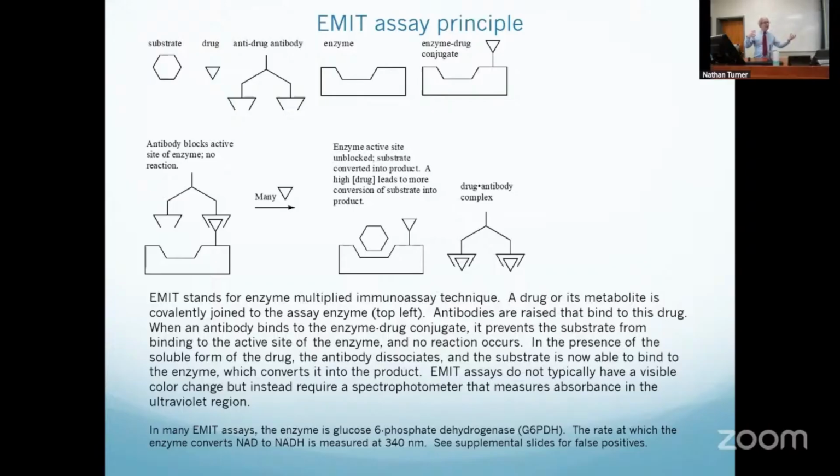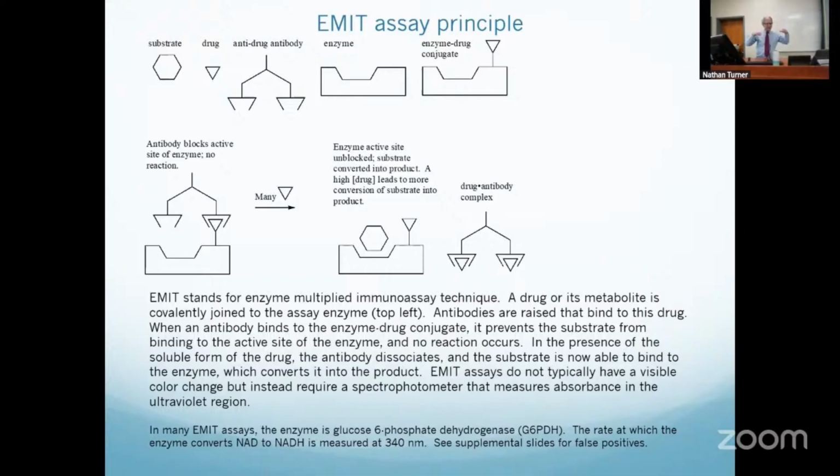So in the absence of soluble drug or drug metabolite, the antibody gloms onto the covalently bound drug and blocks access to the enzyme's active site. It's like the Hulk or something sitting there on the active site so nothing can get in. Well, if nothing can get to the enzyme's active site, no chemical reaction can take place.